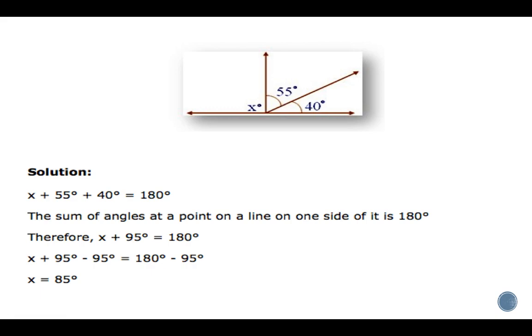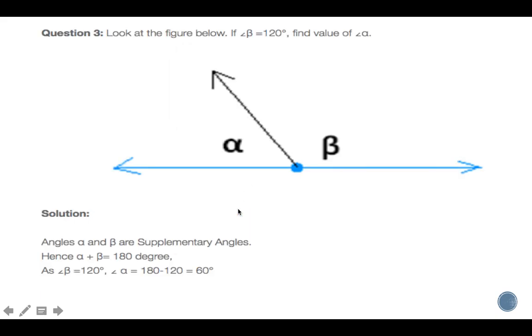Now this 95 goes to that side, it will be minus 95. That means x equals 85. So when you add 85, 55 and 40, you will get 180.